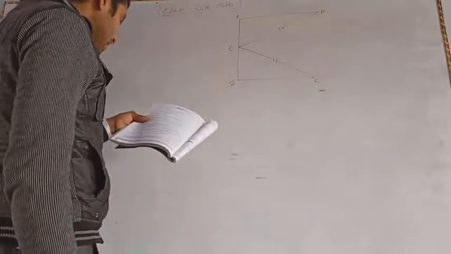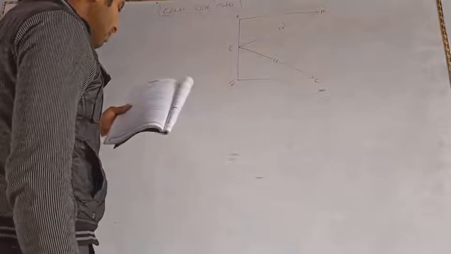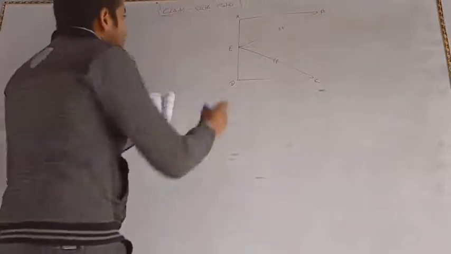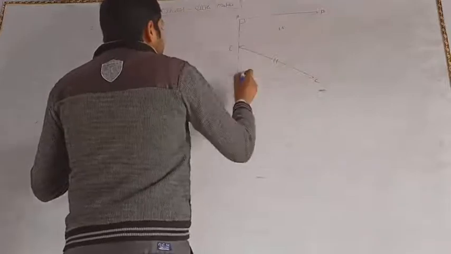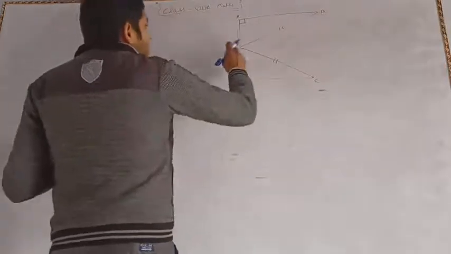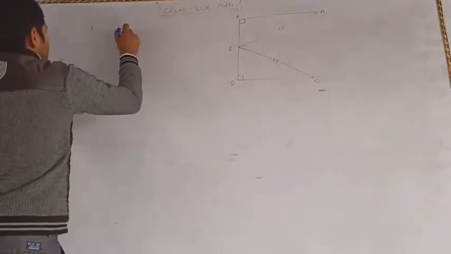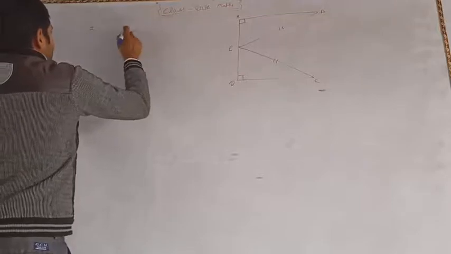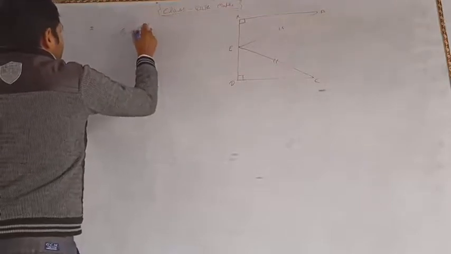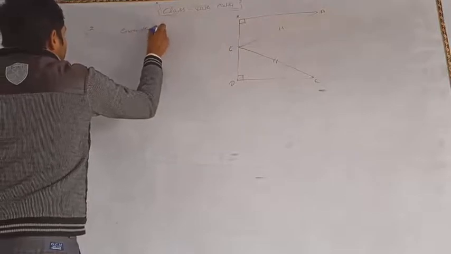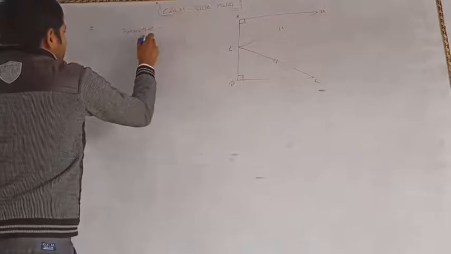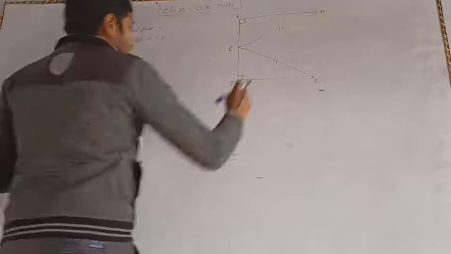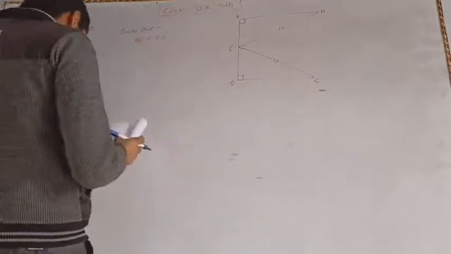Angle A and angle D are right angles, and BE is equal to CE.